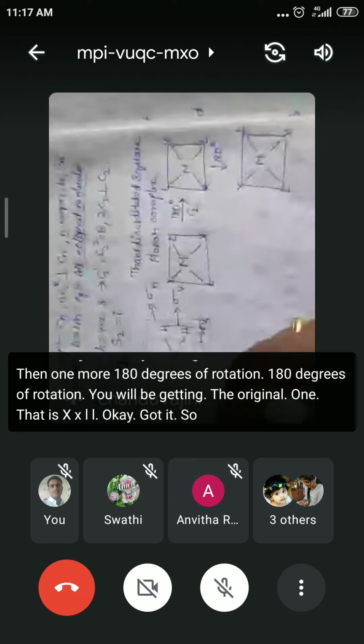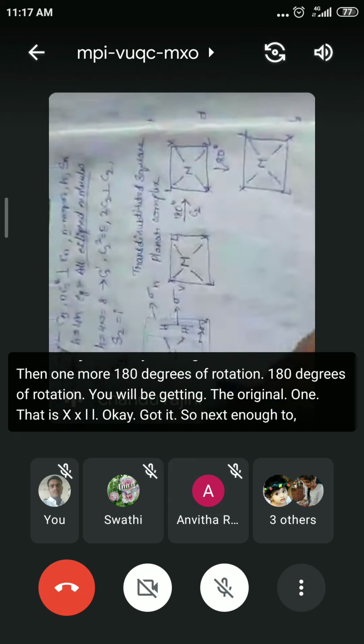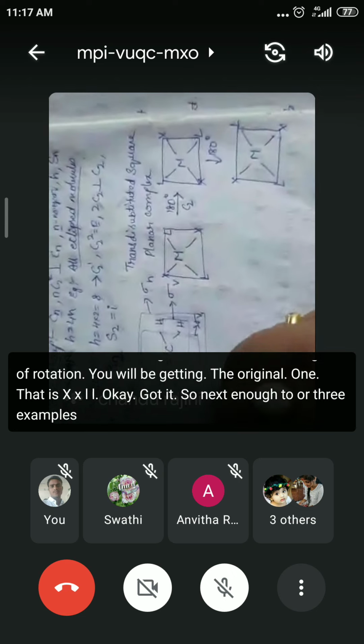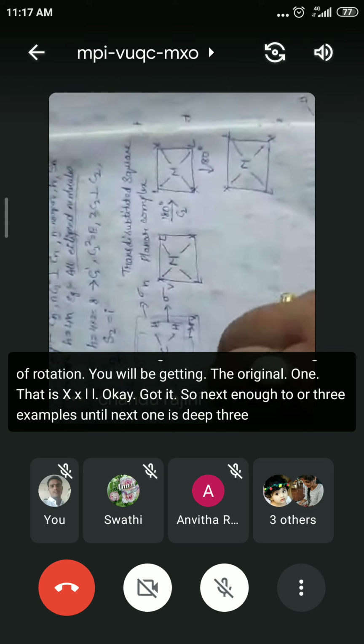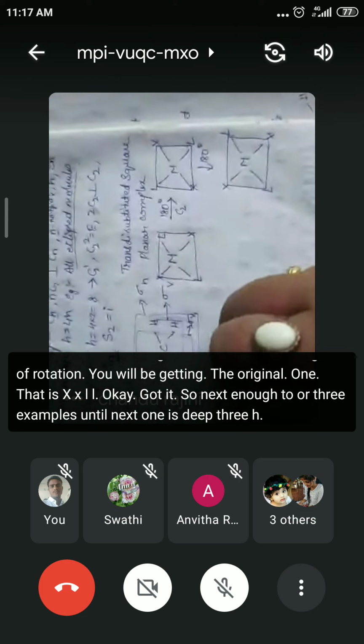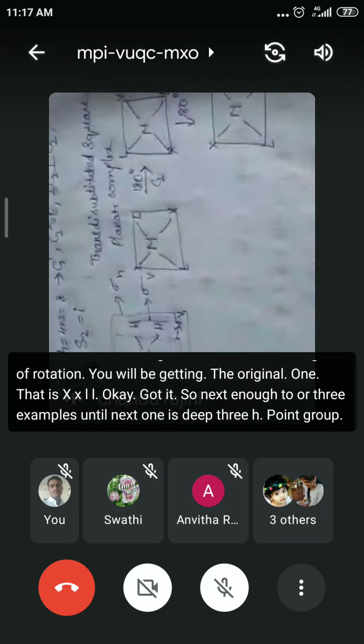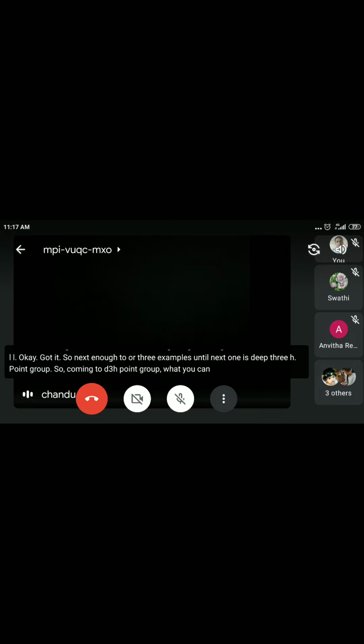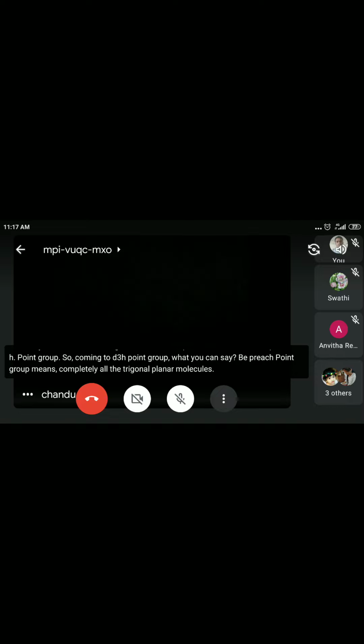Next, enough, I'll tell 2 or 3 examples. Next one is the D3h point group. Coming to the D3h point group, D3h point group means completely all the trigonal planar molecules.